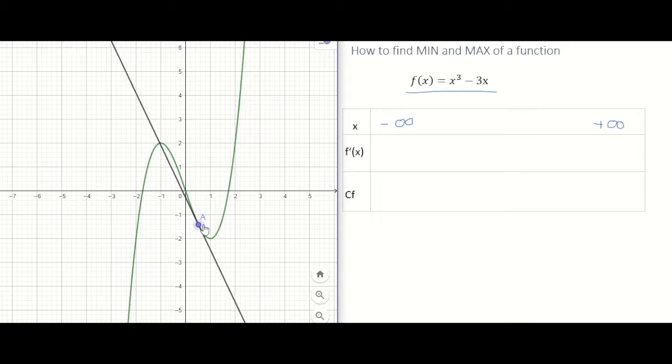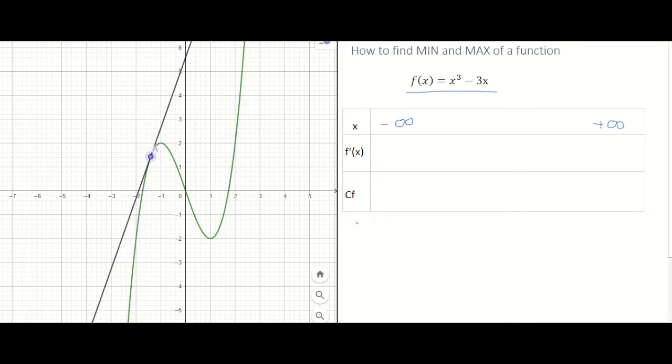Again, as we approach the minimum, it becomes smaller and smaller until again it becomes 0. So even at your minimum point, your dy by dx is going to be 0. And as you move up the slope, again, it becomes positive.